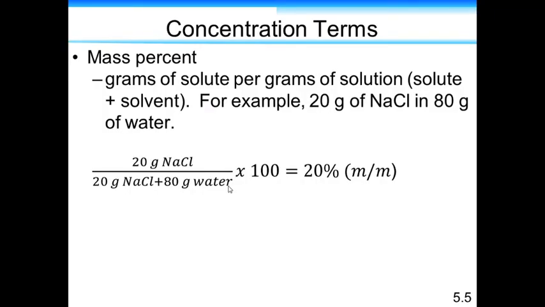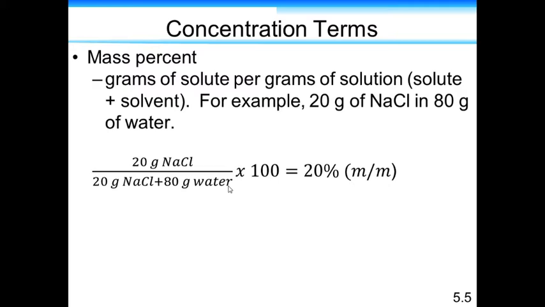There are a number of ways we can express the concentration of a solution. One is mass percent. That's grams of solute per grams of solution. And when we talk about grams of solution, the solution is composed of both the solute and the solvent.